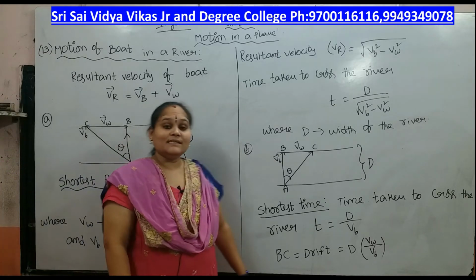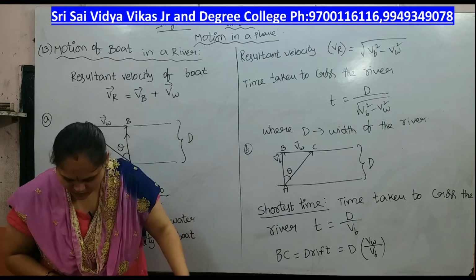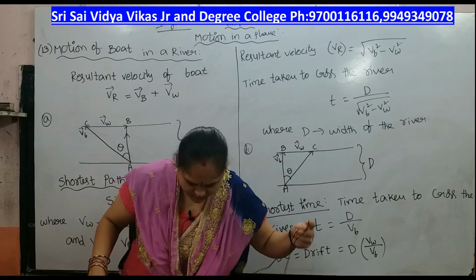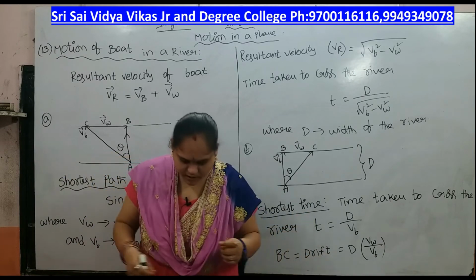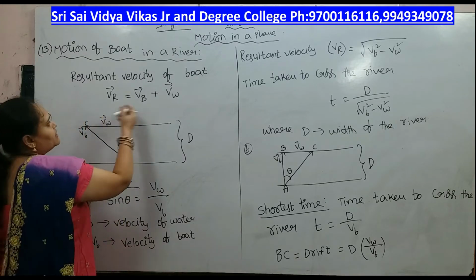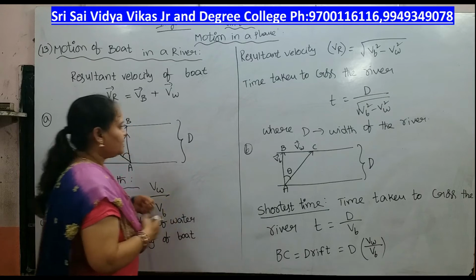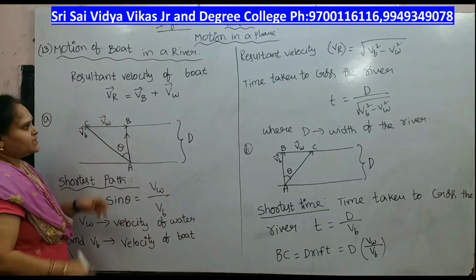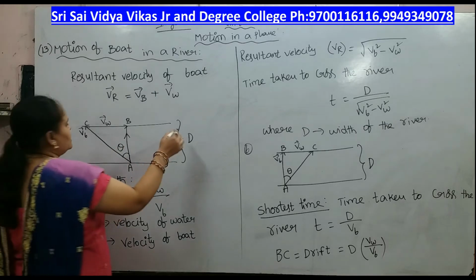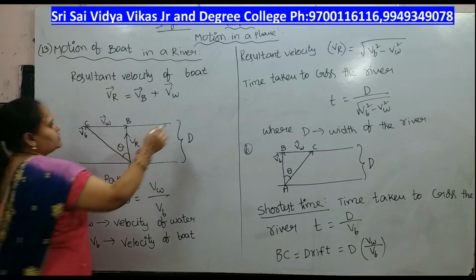Next, the resultant velocity V_R. We already know V_R equals V_B plus V_W.